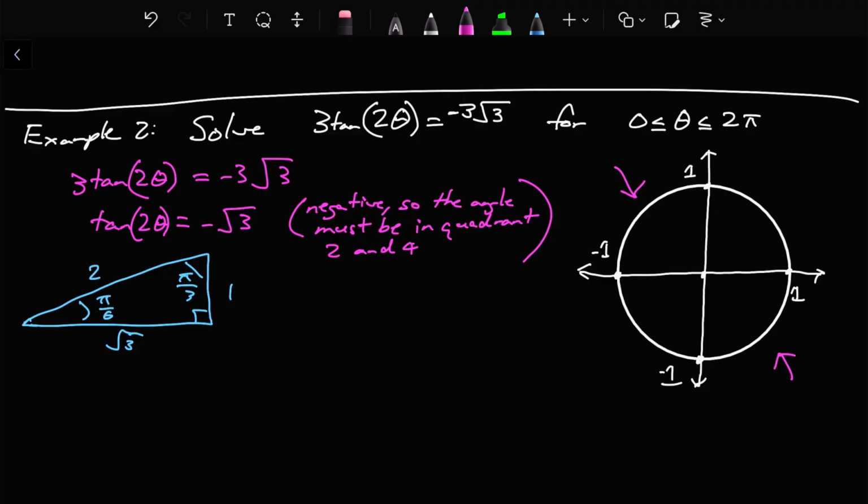Cool. All right. So we draw our exact value triangle as we've done, and we can say our fundamental angle, that is the one that we're going to use, but we're going to transform depending on how we need it, is, well, which one gives me a tan value of root 3?